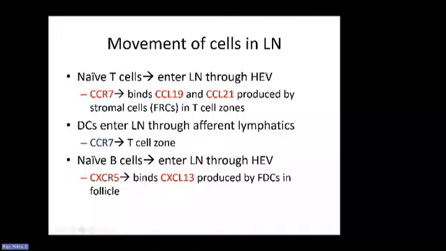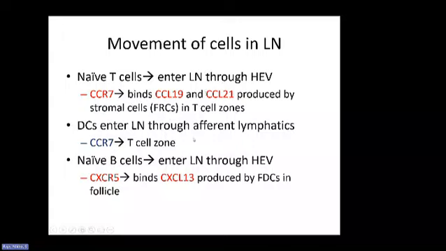So CCL19 and 21 that are produced by these FRCs in T cell zones will attract cells that have CCR7 on them. To begin with, the naive T cells are the ones that have CCR7 on them when they are released from the thymus. So from the thymus, when they come out, they are attracted to a place that has CCL19 and CCL21.